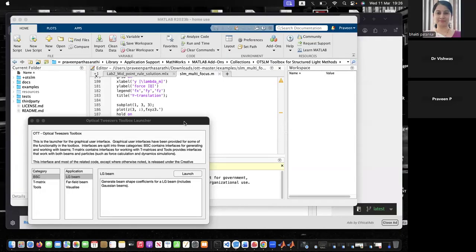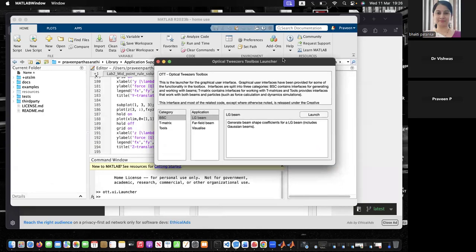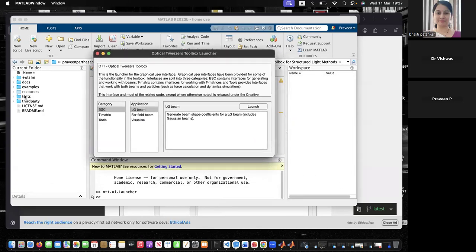This is my MATLAB screen. Here you will have to install something called the Optical Tweezer Toolbox. You can just search for Optical Tweezer Toolbox on Google. It is developed by Dr. Helena Rubinsztein-Dunlop's group at the University of Queensland. You will have to download it, and in MATLAB set your directory to the folder where you downloaded the toolbox.